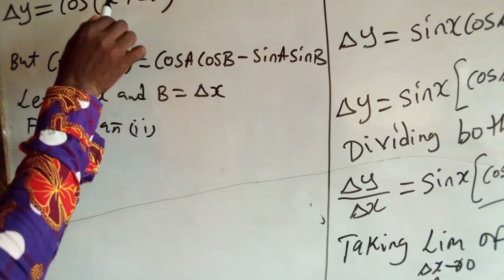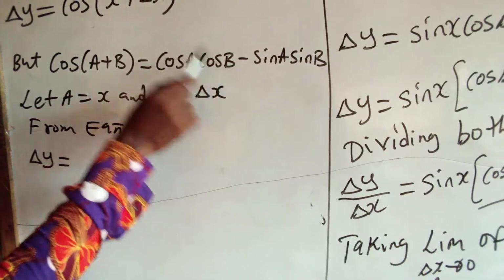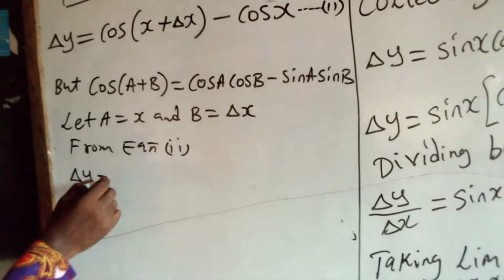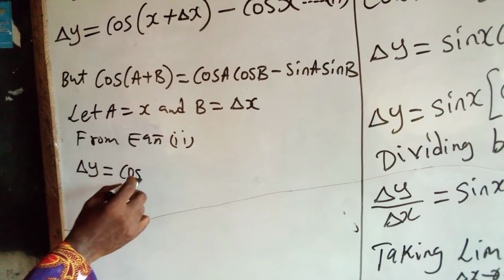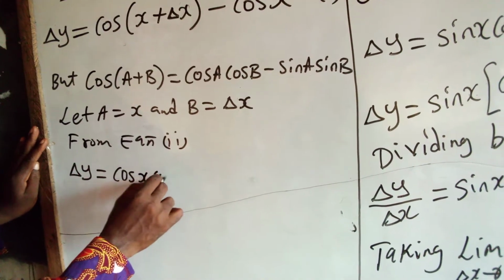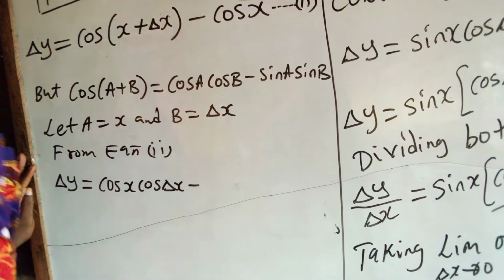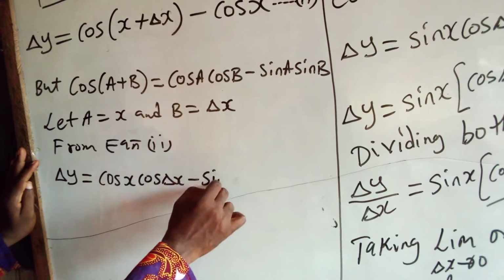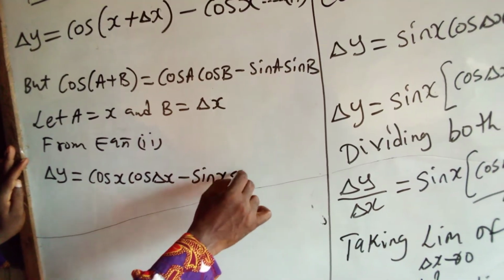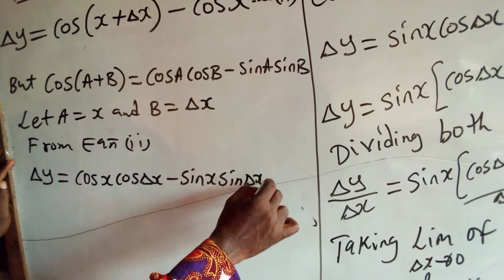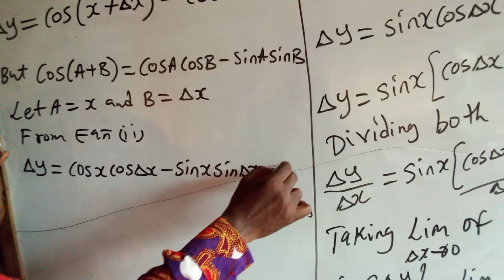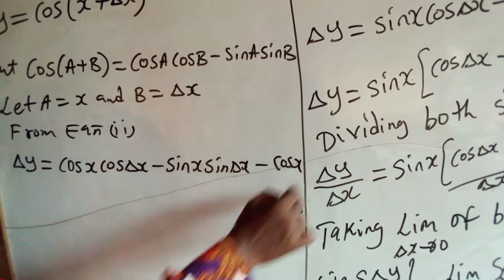If you see A, it will be S. If you see B, it will be change in S. So it's going to give us cos S cos change in S minus sin S sin change in S, then we have minus cos S.